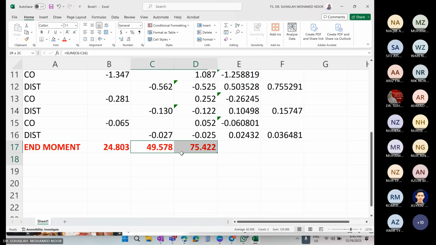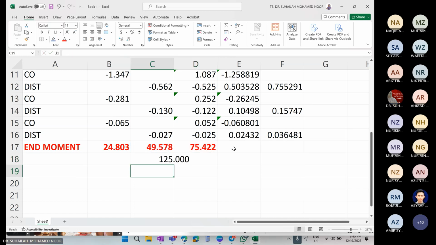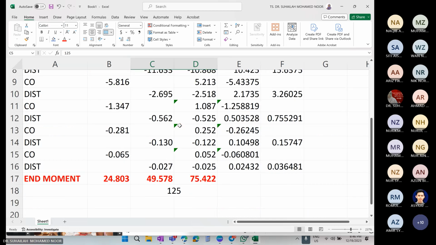Okay, these two, MBA and MBC. MBA plus MBC. This is just for checking. We will get back 125, which is equivalent to this. Without joint moment 125, we will get 1 negative, 1 positive.